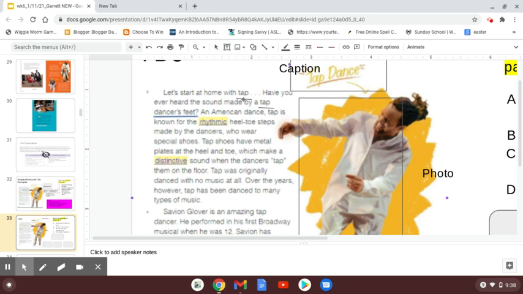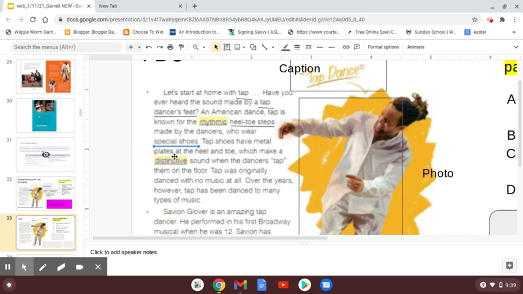Okay, so they step with their heels and toes, and they wear special shoes. Very interesting. Tap shoes have metal plates at the heel and toe, which makes a distinctive sound when the dancers tap on the floor.